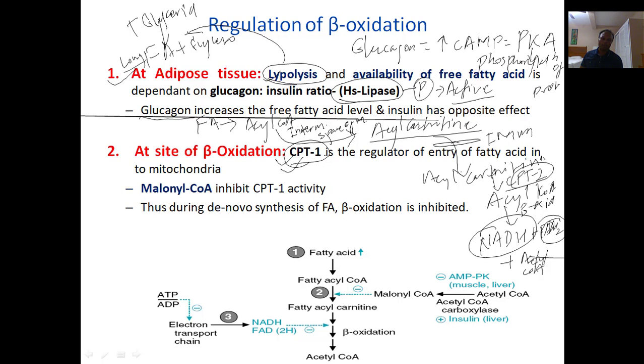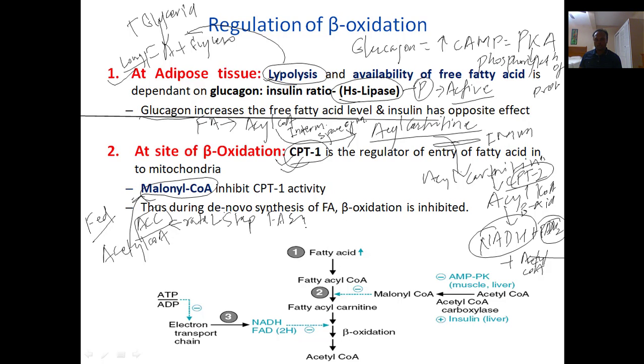CPT1 is uninhibited, so it is activated, because during fasting condition there is no malonyl coenzyme A. Where does this malonyl coenzyme A come from? It is produced during fed condition, not during fasting condition, from acetyl coenzyme A by the enzyme acetyl coenzyme A carboxylase, which is the rate limiting step of fatty acid synthesis.